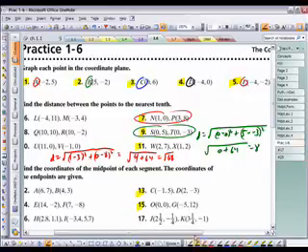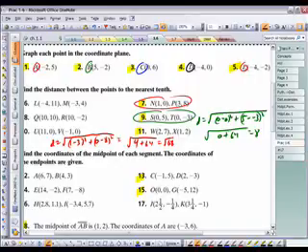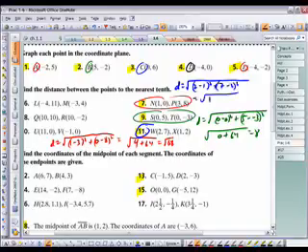And then finally, let's look at number 11. And the distance for this one is going to be 2 minus 1 squared plus 7 minus 2 squared, and take the square root of all that. So we get 1 squared is 1, 5 squared is 25, so it's radical 26.